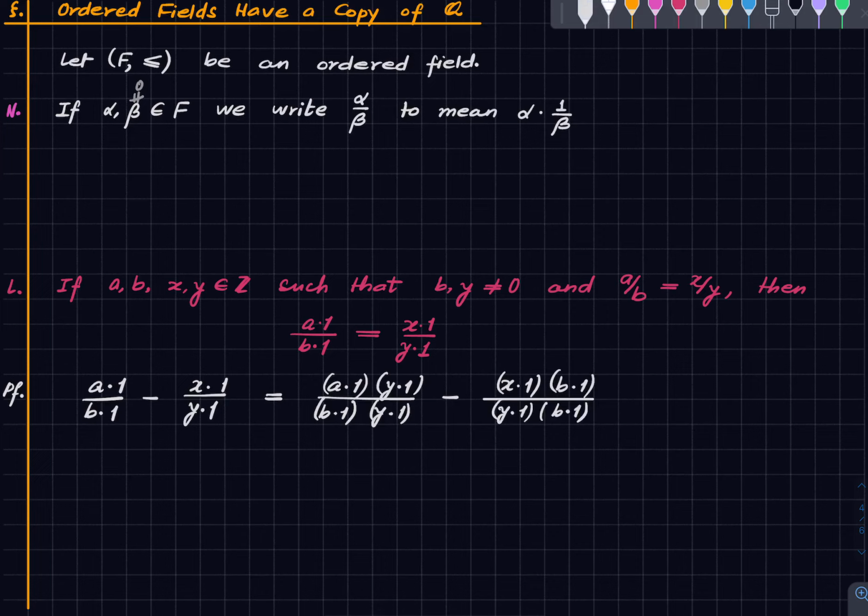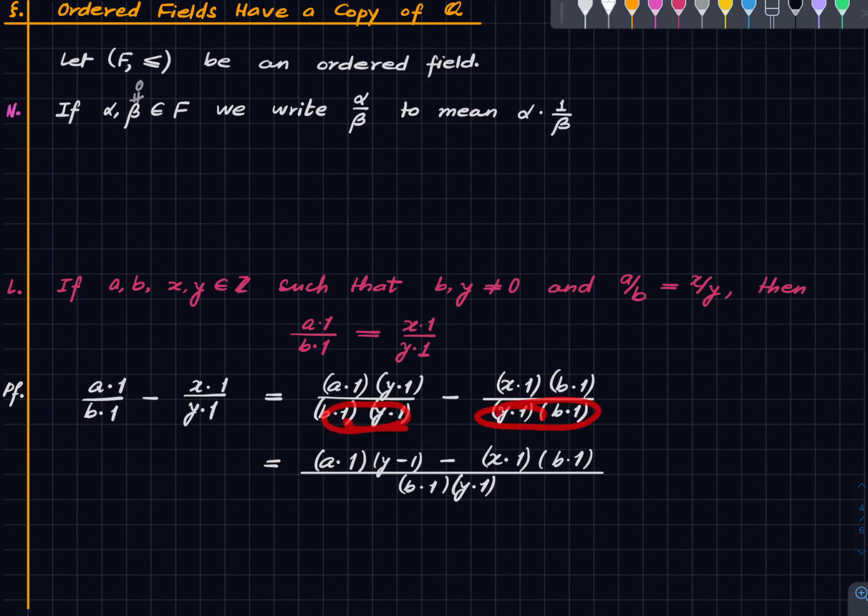So here we are multiplying by b dot 1 above and below, and hence this is equal to a dot 1 y dot 1 minus x dot 1 b dot 1 by b dot 1 y dot 1. We are really mimicking what we do in rationals. The formal justification of this equality is distributivity. This guy is getting distributed over this difference, is all.